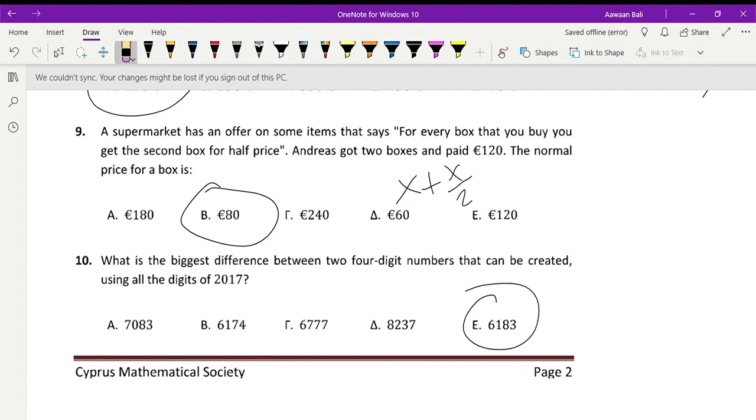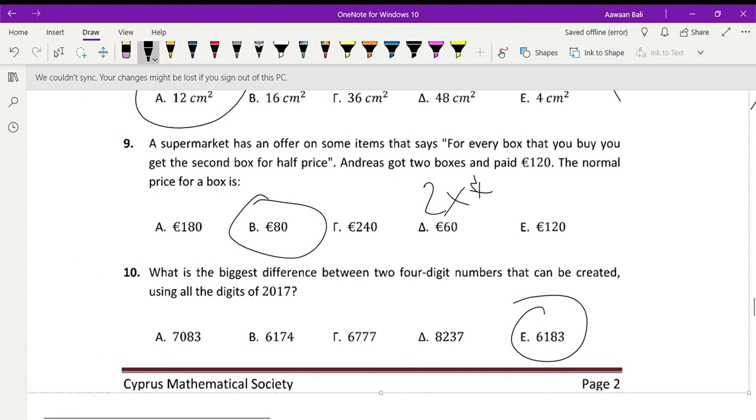But to make it even simpler, because fractions are sometimes a bit complicated, you can just make it multiplication. So you can say the original price is 2x if you're making x the lesser price, like the half price. Because then you have 2x plus x, and that's 3x.